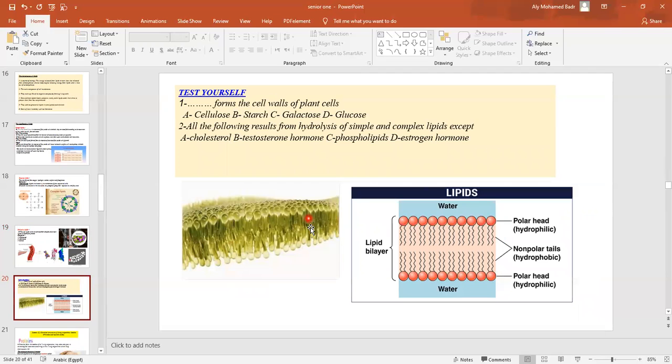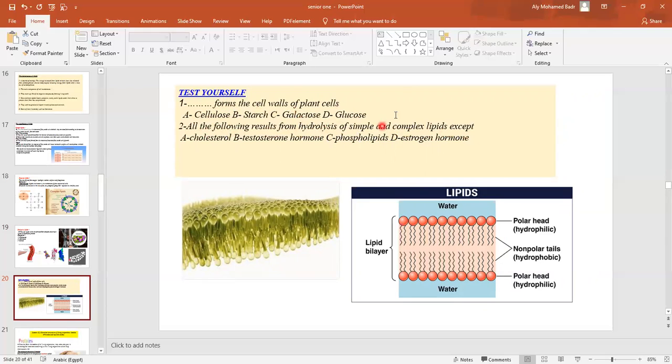Let's test ourselves. Which one forms the cell wall of plant cells: cellulose, starch, galactose, or glucose? Of course, the cellulose. All the following result from hydrolysis of simple and complex lipids, except: cholesterol, testosterone hormone, phospholipids, estrogen hormone.